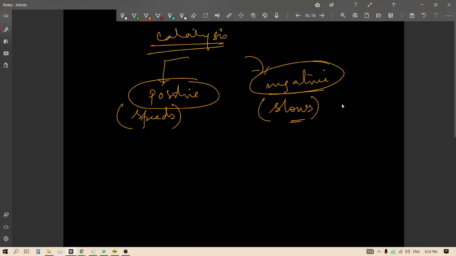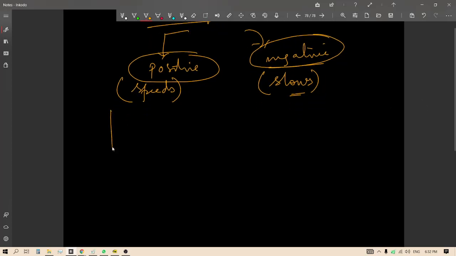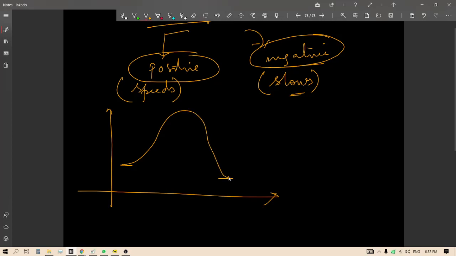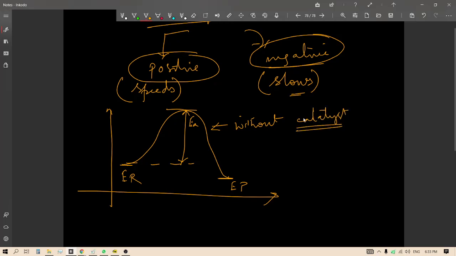Now if I try to understand why a catalyst increases the speed of a reaction, there is something acting behind it. This is the E_R, this is E_P, and this is my activation energy which is needed. This is without catalyst. What does a positive catalyst do? It represents the graph like this.